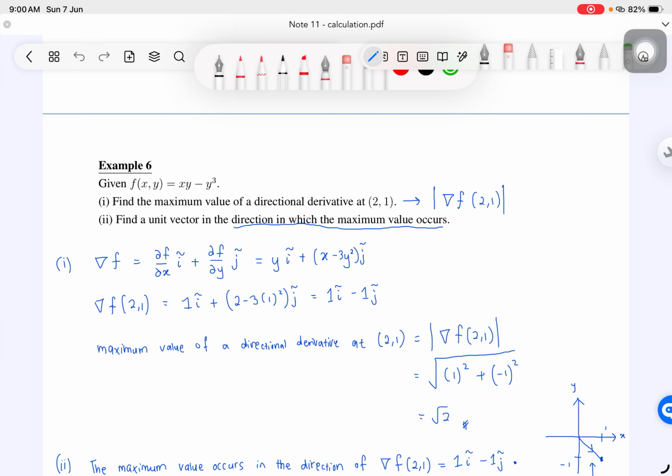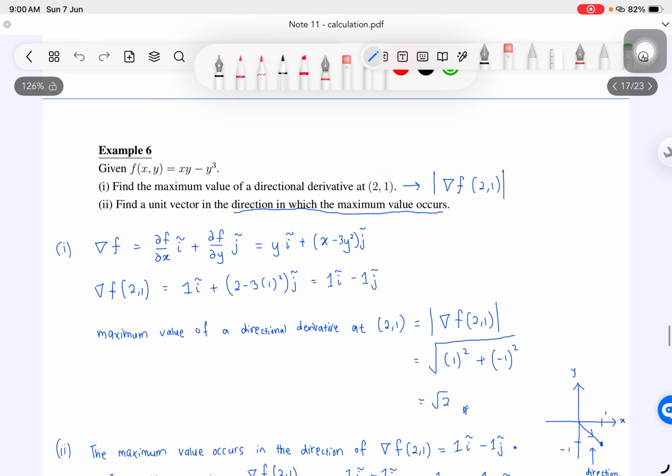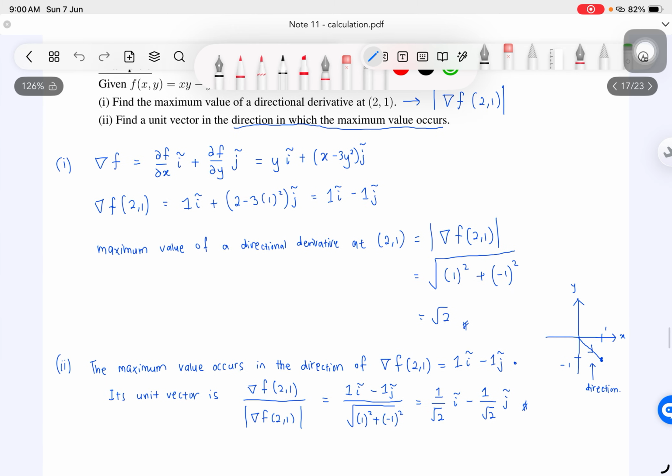Alright, so now we want to find the unit vector. The maximum value occurs in the direction of i minus j. When we plot in the Cartesian plane, 1 and then negative 1, it means that it is here.